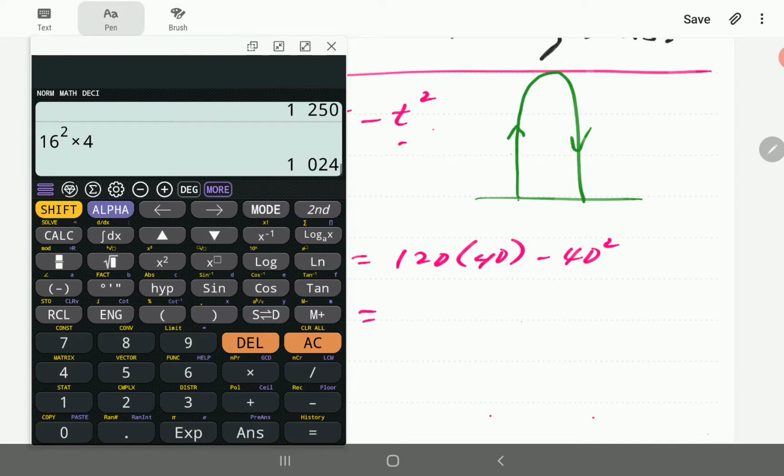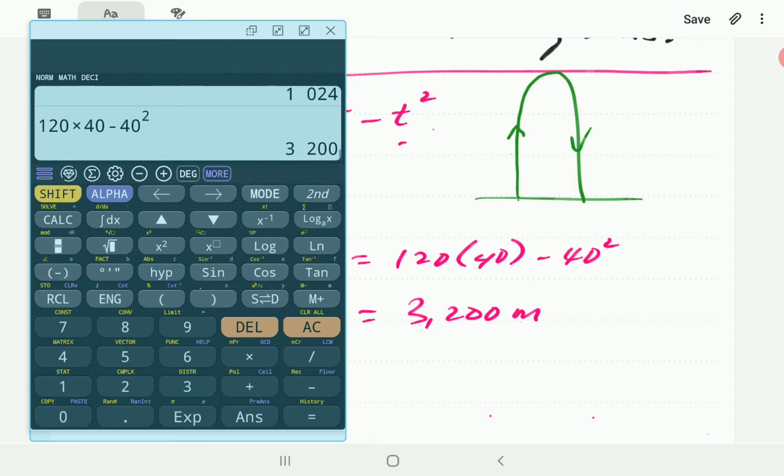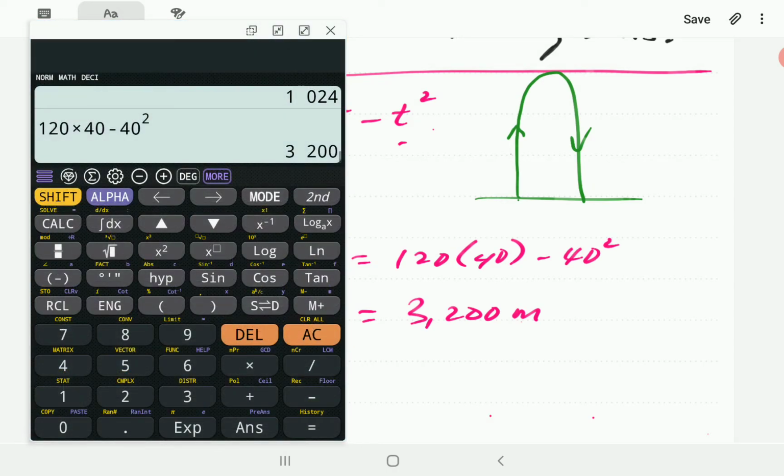If you punch this in the calculator, that's going to give us 3,200. The height is in meters. I think the question did not quite specify that, but yes, the height is in meters.